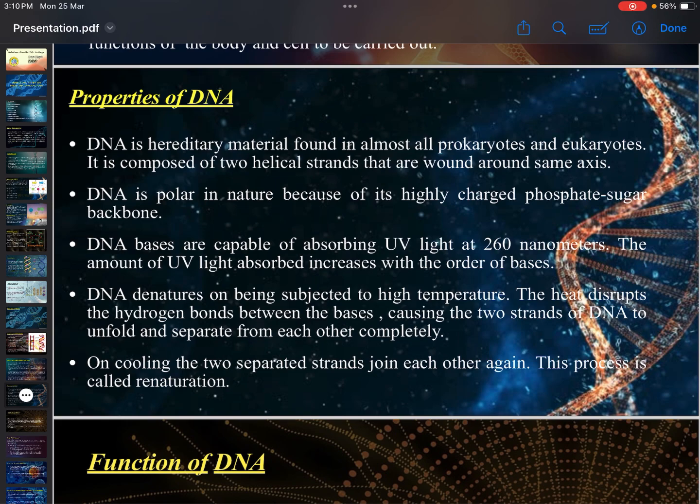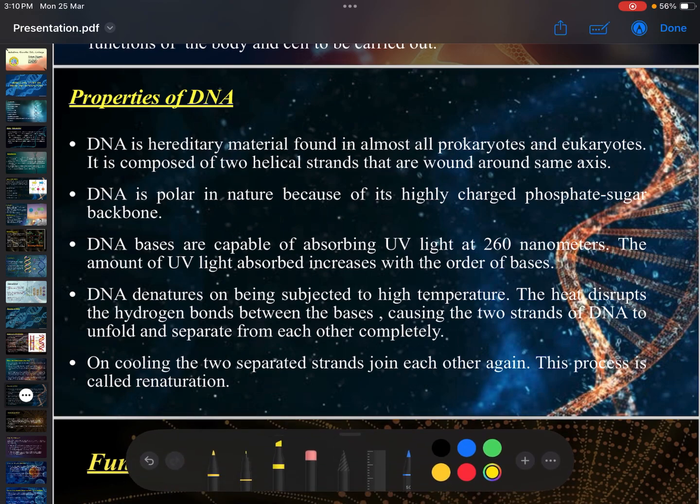And DNA bases are capable of absorbing UV light at 260 nanometers. You can know that DNA absorbs at 260 nanometers by using a technique known as spectrophotometry.